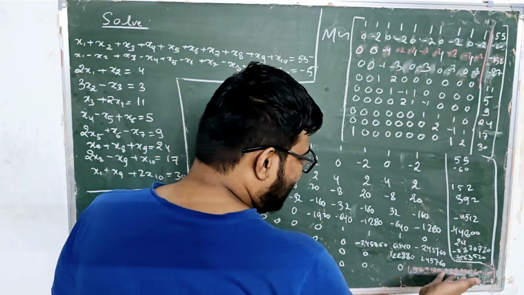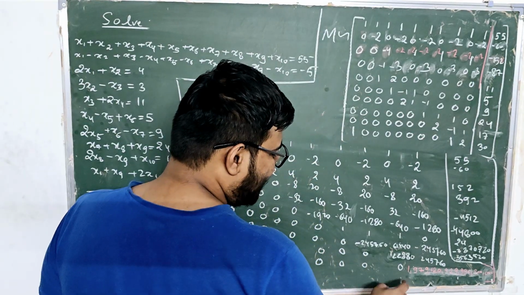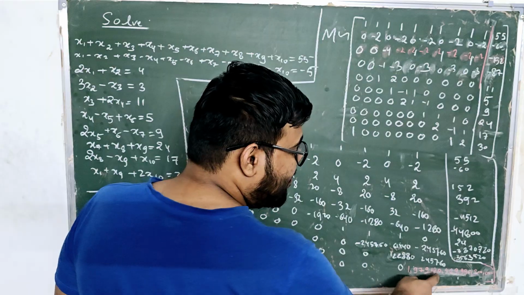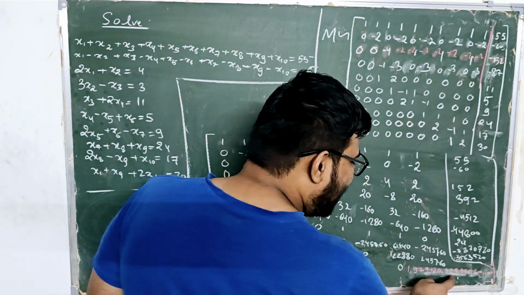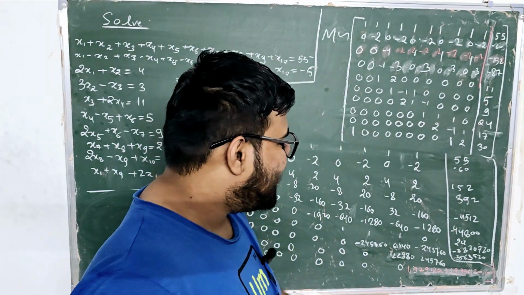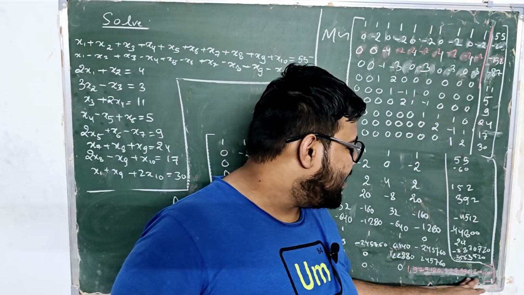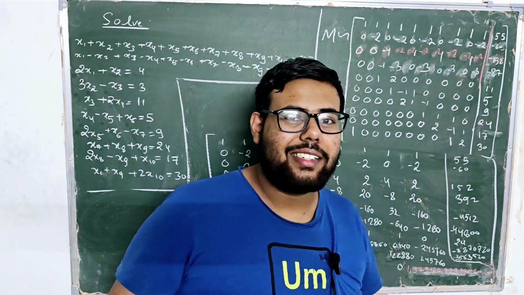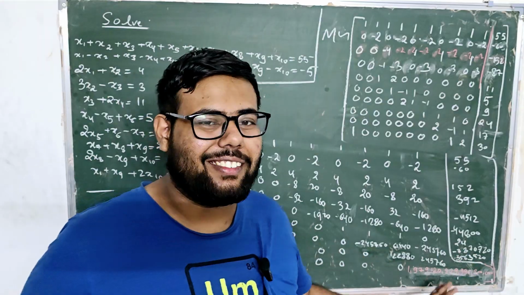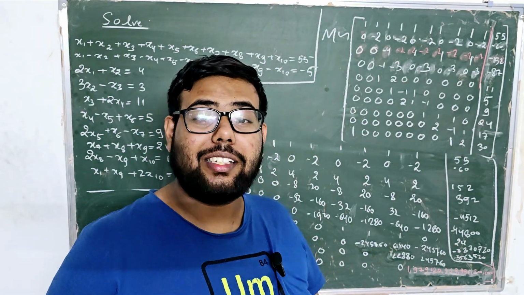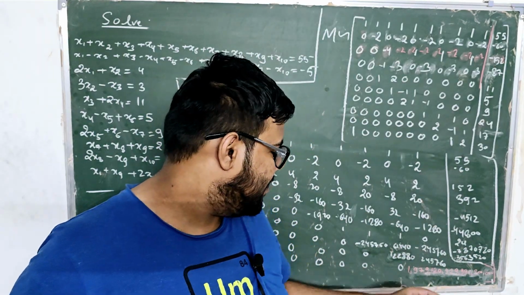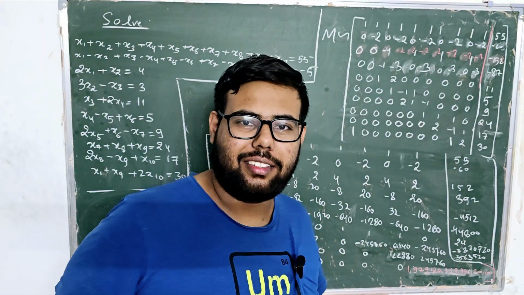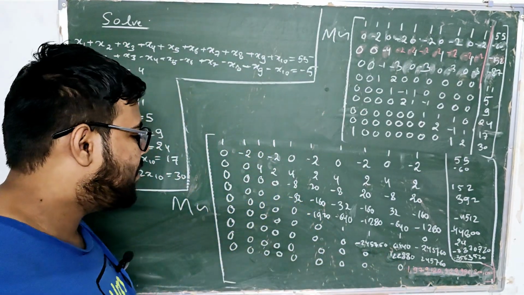So let me tell the value I've got: 1 quintillion 979 quadrillion, 120 trillion, 929 billion, 996 million, and 800,000. This is the final value, not for Z, but for the last row. The last row is this actually.